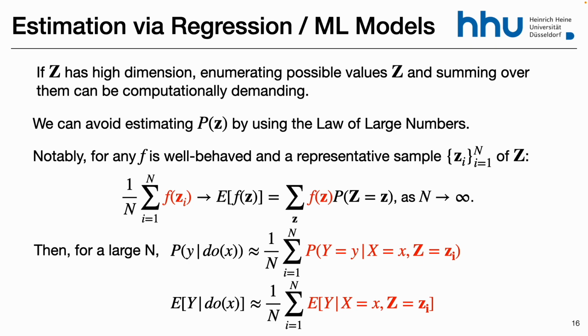Yes. So suppose that you still have to evaluate. These estimations here depend on you having a representative sample for every X and every Z that you are interested in.